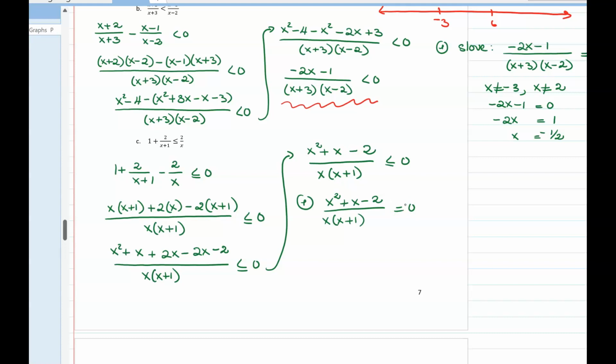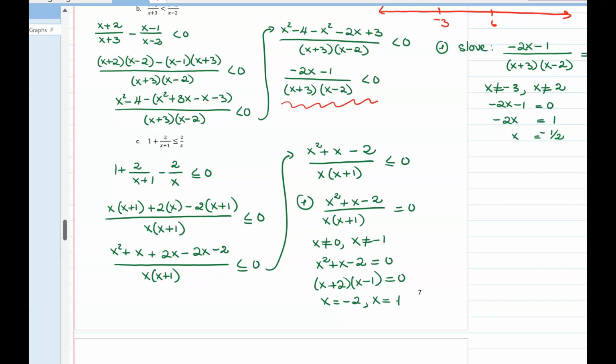Okay. So this equation is defined when x is not 0 and when x is not negative 1. This equation equals 0 when x squared plus x minus 2 equals 0. And we factor this to get x plus 2 times x minus 1 equals 0. So x equals negative 2 and x equals 1.